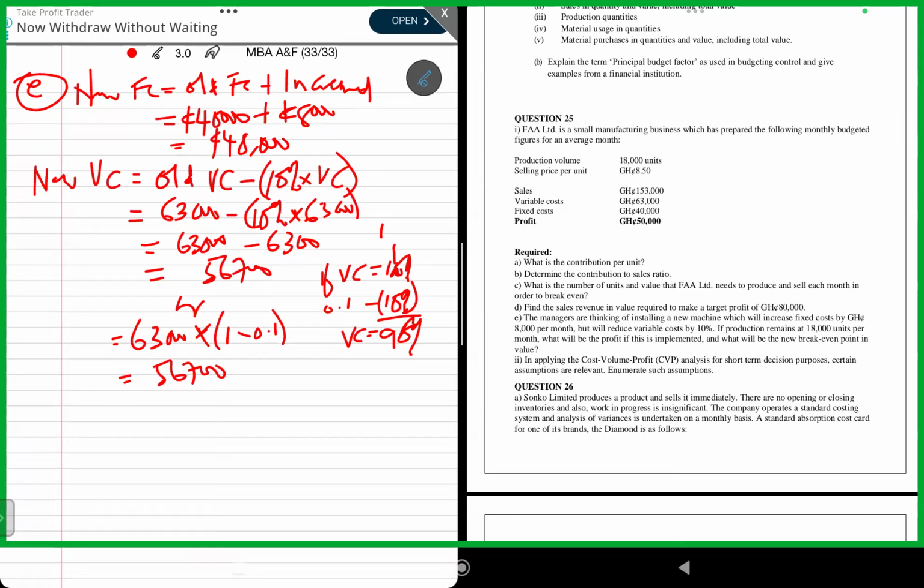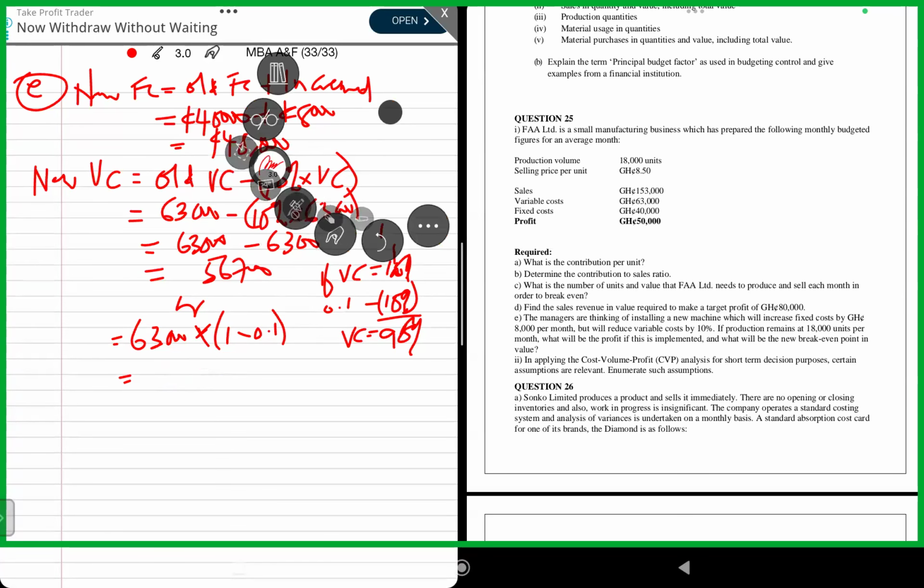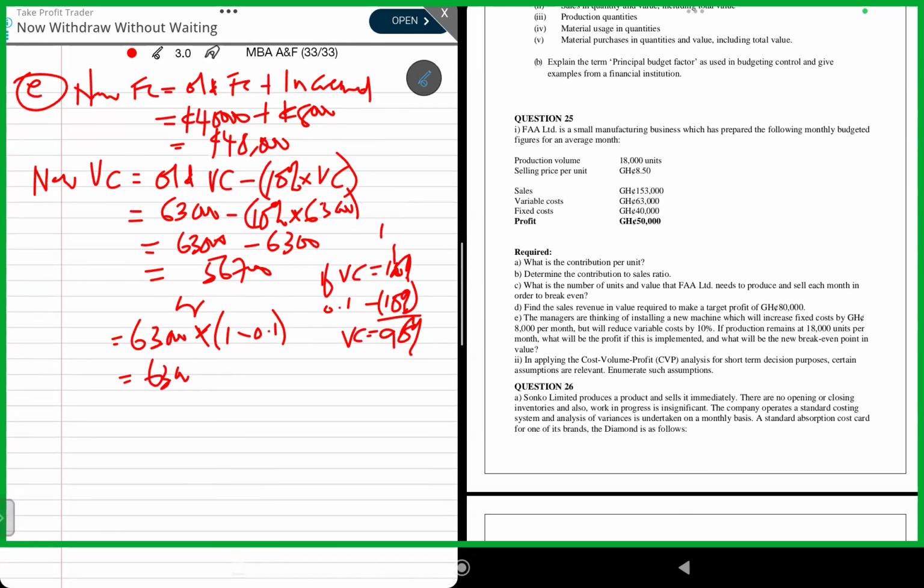So 1 minus 0.1 gives me 0.9. So 63,000 times 0.9 gives me the 56,700. Whichever method you use, mostly the second is preferred, because it's quicker to arrive at. Are we okay?